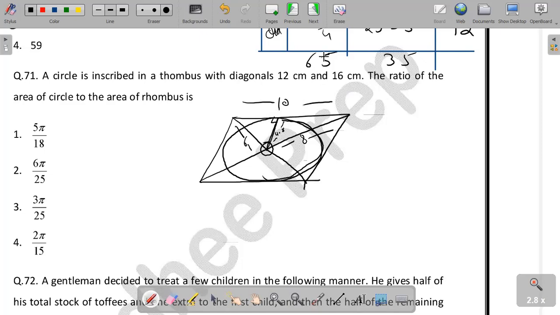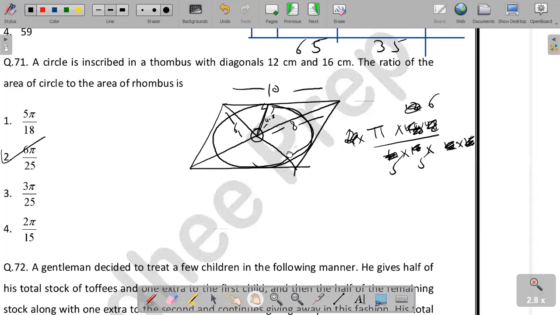So now I have to find the ratio of area of circle, that is pi r square, that is 48 into 48 by 10 into 10, and the area of the rhombus is half d1 into d2. 16 and 3 and then 4 and then 12. Now 5. Now 6 and 5. 6 pi by 25 should be the answer.